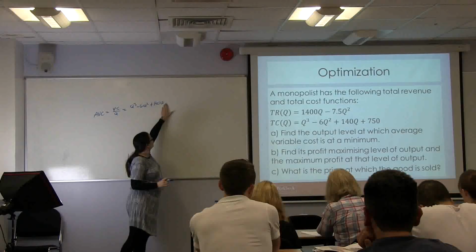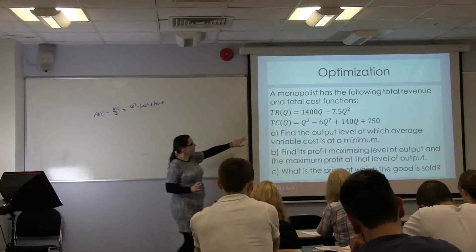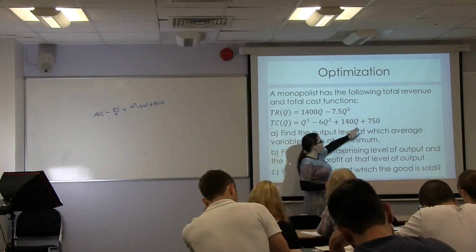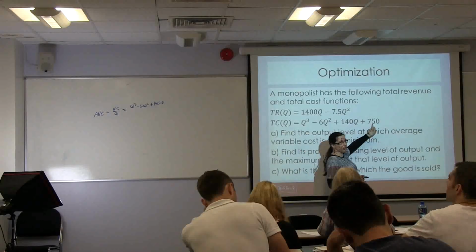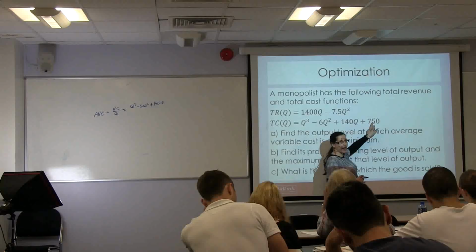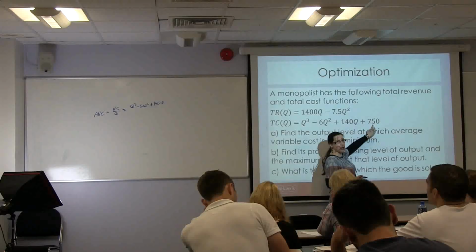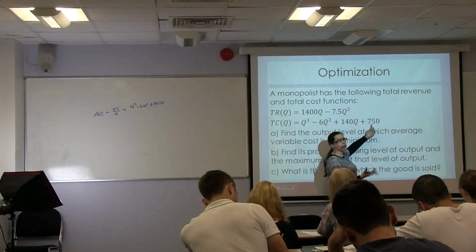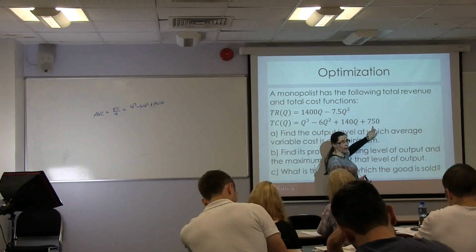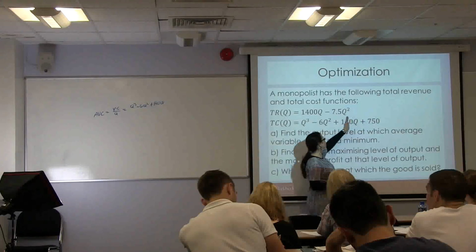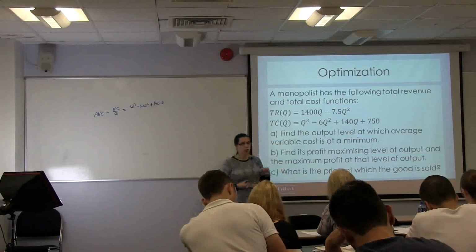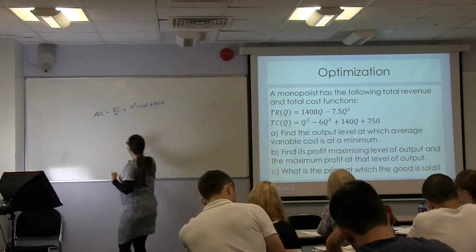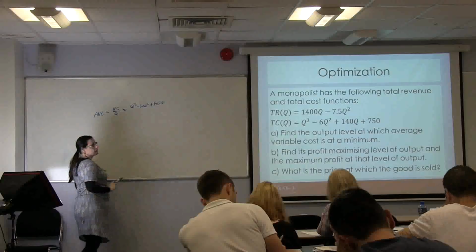Okay? So this part is the fixed cost, because it doesn't matter how many quantity you produce, that is always in there. Even if you don't produce anything, that is still a cost. And any term that has got the Q in there, that's the variable cost. So the average variable cost is just the variable cost divided by the quantity.